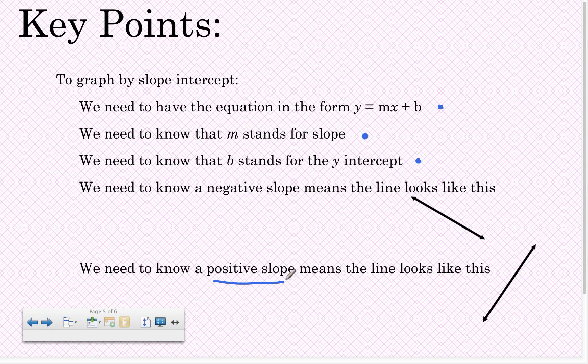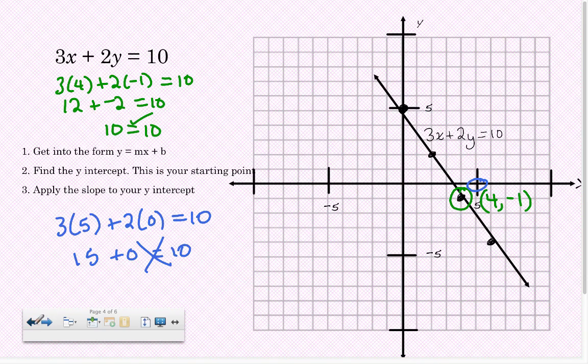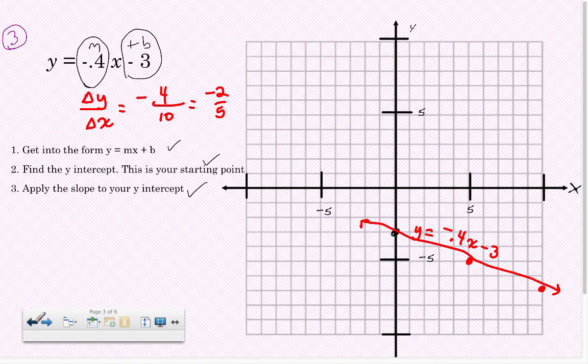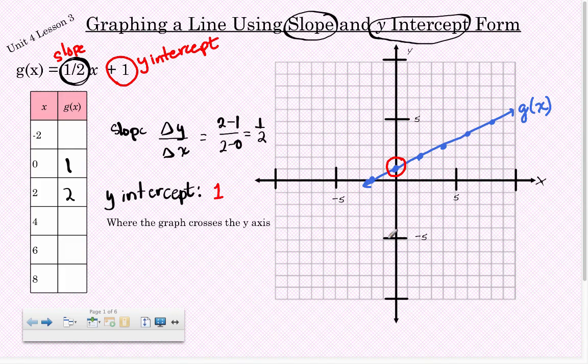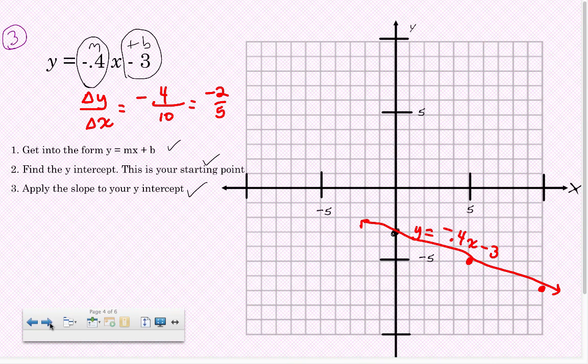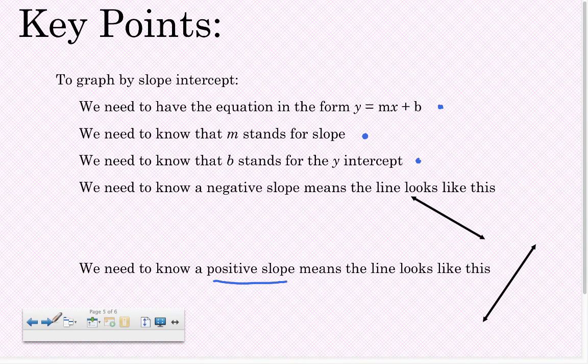Positive slopes, which we didn't have many of, I don't think we had any. Let me quickly look. That was negative. That was negative. That was negative. Oh, the first one we did was positive. Okay, so a positive slope goes off to the right.